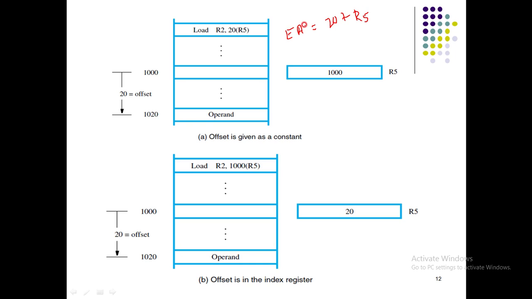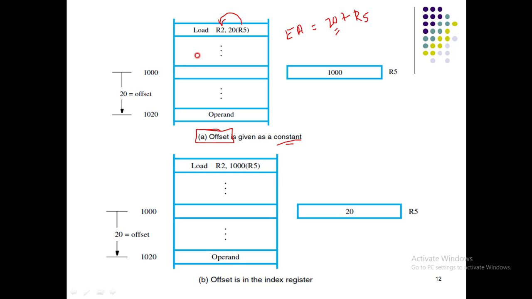It means that the effective address will be 20 plus R5, which will be loaded inside your R2. So you can observe here we are using your offset as a constant. What is the constant value we have here? The constant value we have here is 20, right? So the constant value is nothing but the offset.